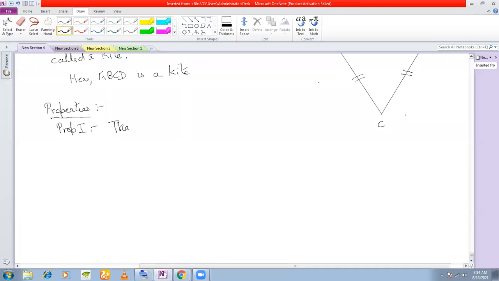The diagonals of a kite intersect at right angles. Now, what does this mean? Let us draw a kite and try to understand.